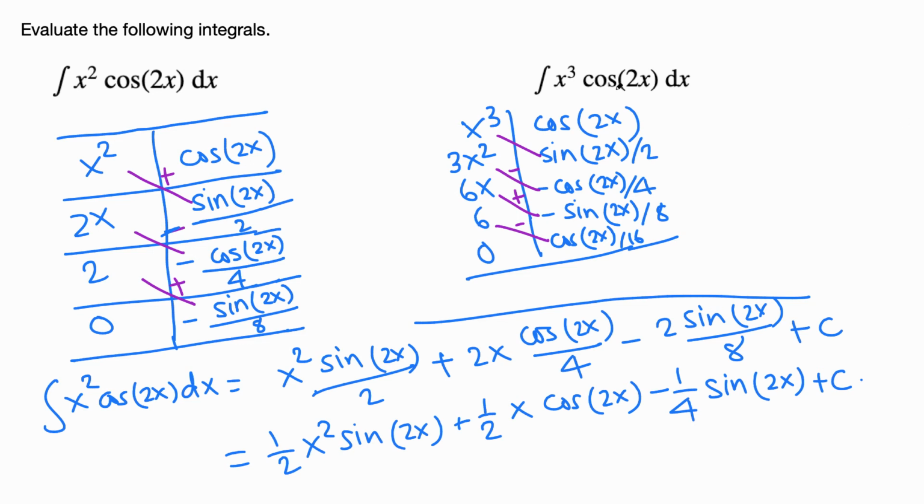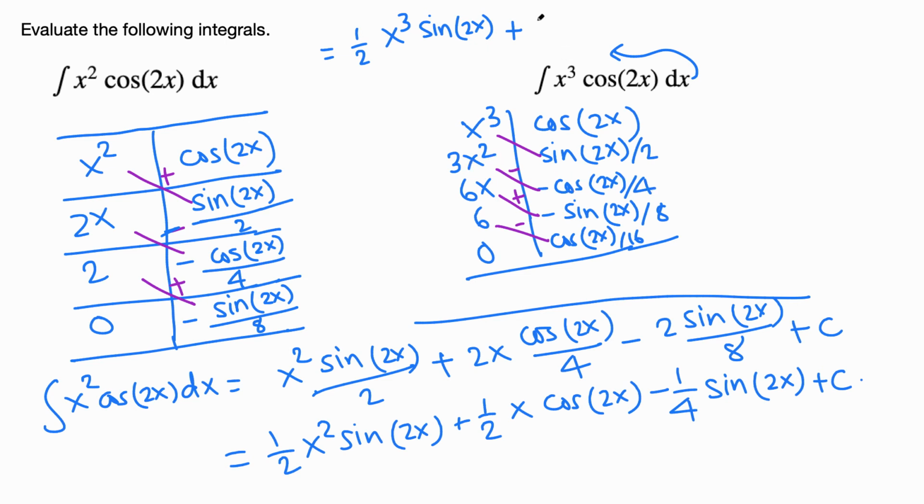This integral is equal to x cubed times sine 2x over 2, so in the front we can write 1/2. And the second is negative, but there is a negative, so negative negative is positive, 3x squared cosine 2x over 4.